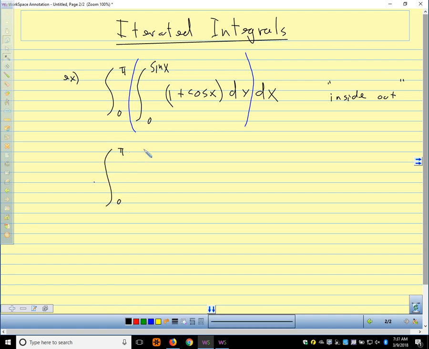When we integrate this with respect to y, what do we get? We get y plus y cosine x, right? Because cosine x is constant with respect to y, and we're evaluating that on 0 to sine x, and then we're integrating what we get out of that with respect to x.